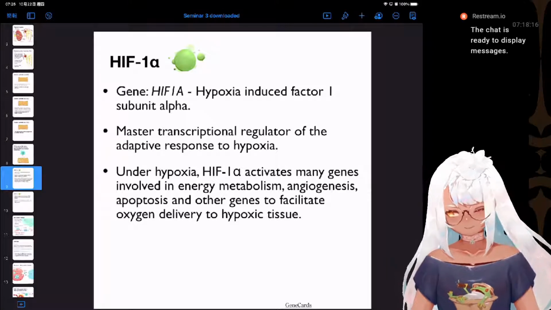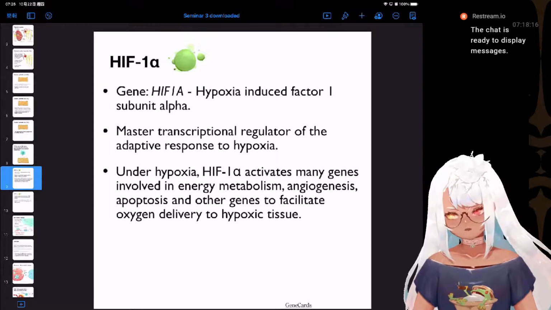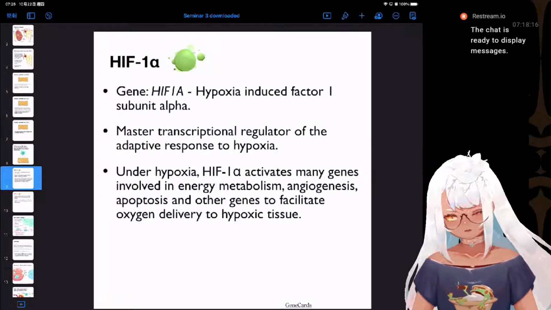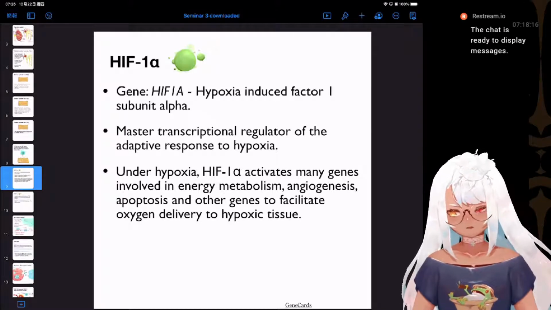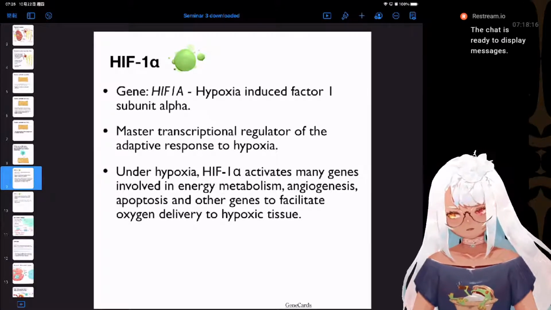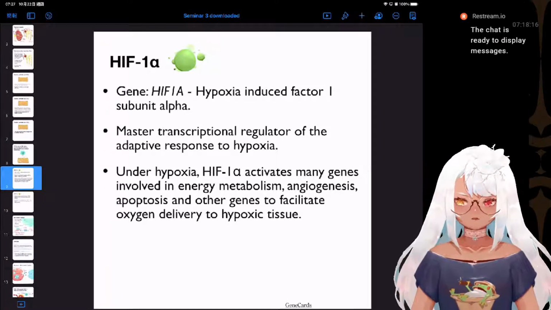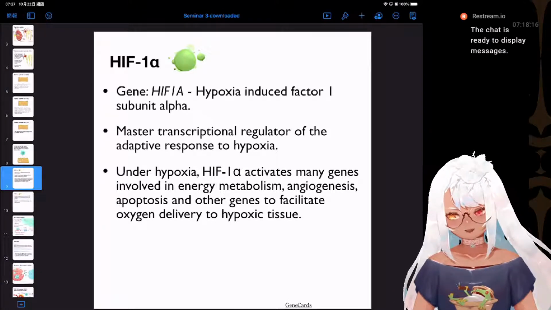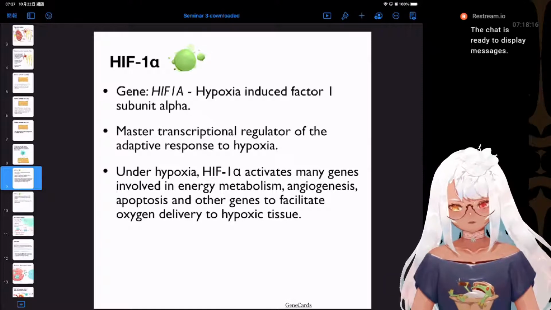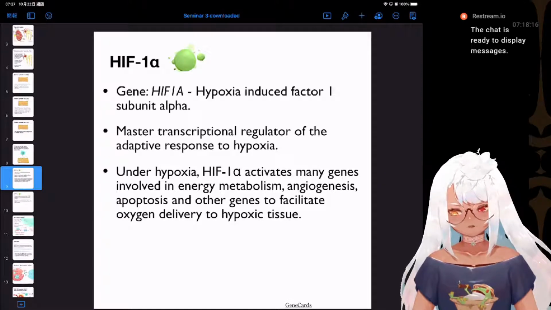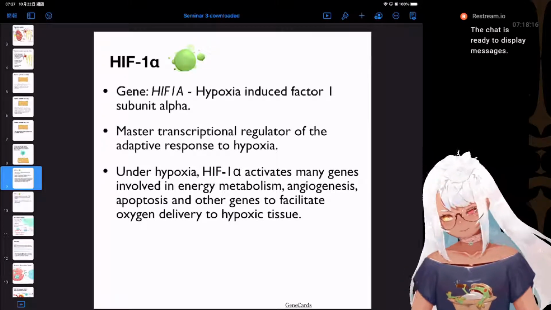So next, having done with TEC, our next character is HIF1 alpha. This is a master transcriptional regulator of our adaptive response to hypoxia and is encoded by HIF1A, which is hypoxia-inducible factor 1 subunit alpha, the full name of it. Under hypoxia, HIF1 will activate many genes involved in metabolism, angiogenesis, apoptosis, and many others to facilitate oxygen delivery to hypoxic tissue.